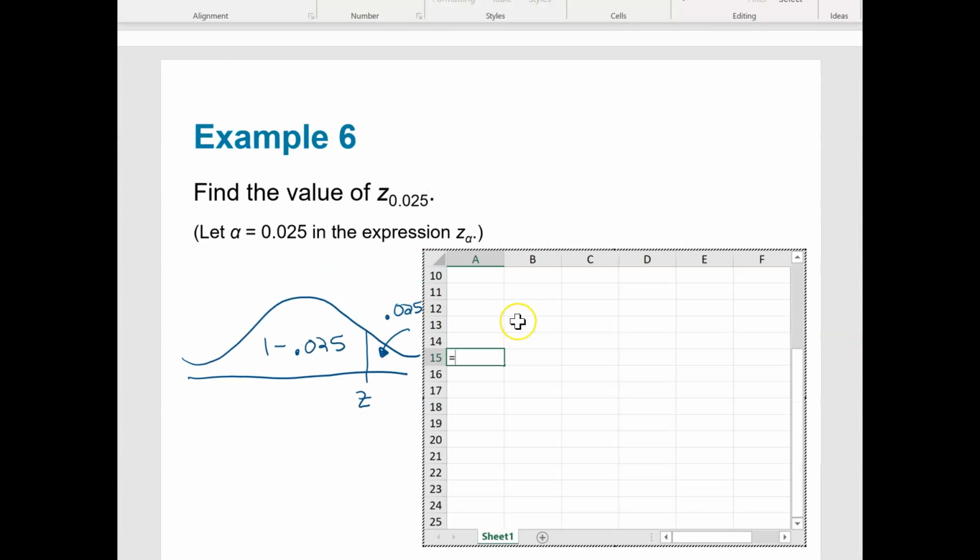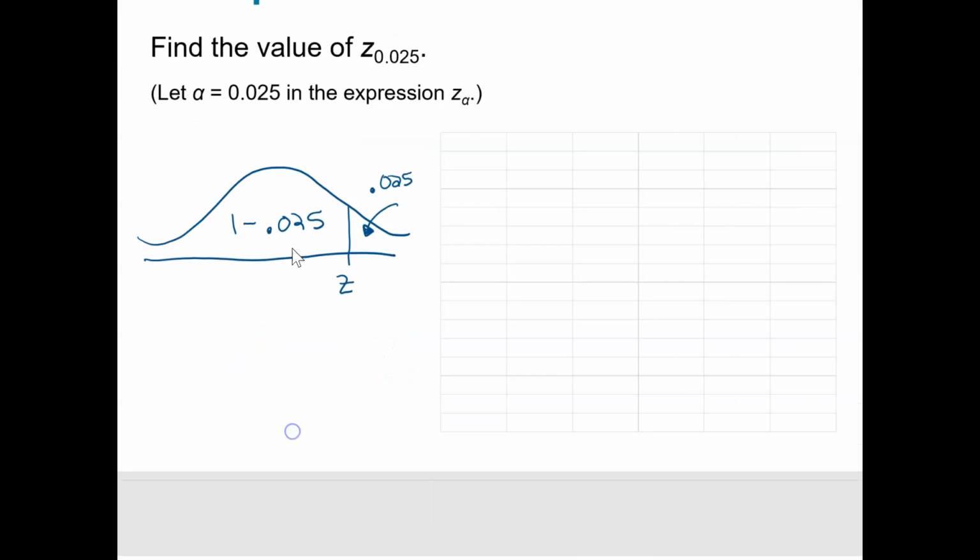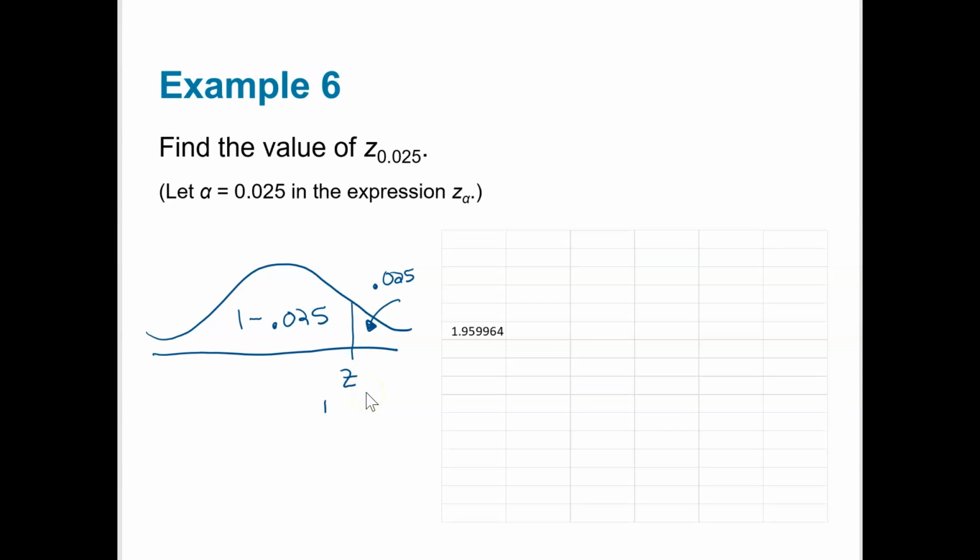So I'm going to use 1 minus 0.025. Oop, look, I made a mistake. I said, don't use that. There we go. Now we're talking about probabilities. All right, and we find that the z-score is 1.96. And we actually did this problem earlier where we saw that value.